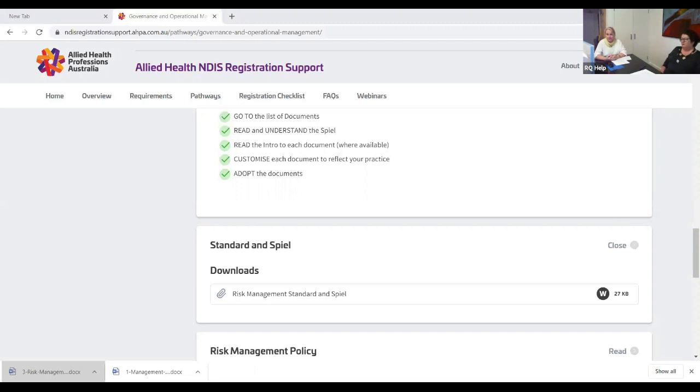And then the risk to individual participants, we've talked about that in previous webinars as well, where we're looking at how they're identified, where they're recorded, how they're reviewed, and how they're managed for each individual participant. So there's a document control register, which is part of managing risk, because different versions and different documents can cause you a risk.